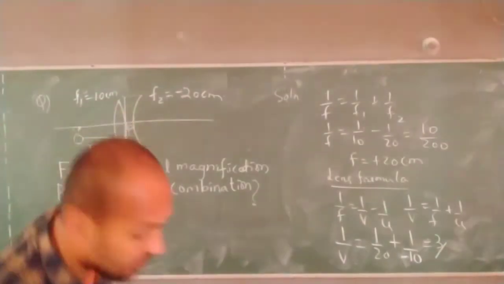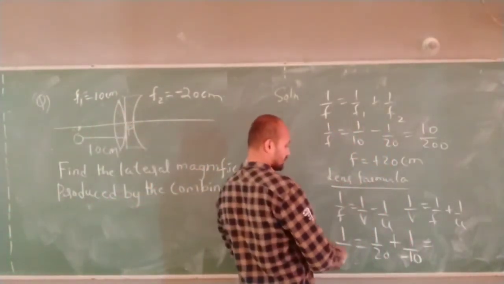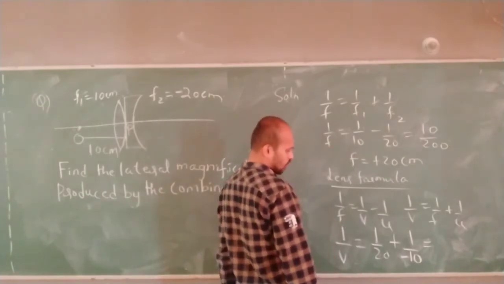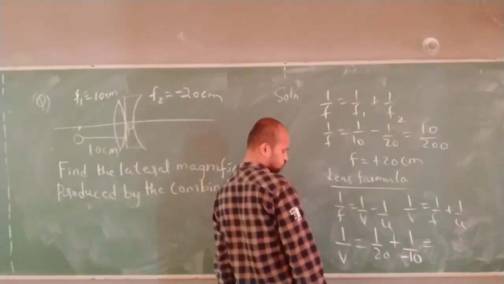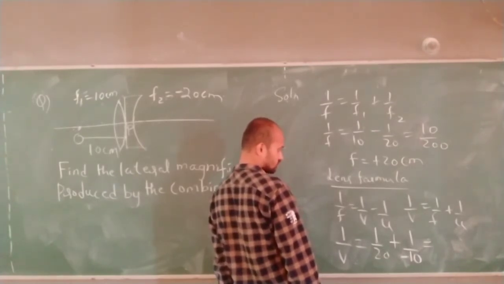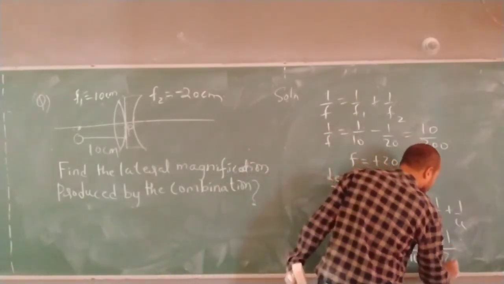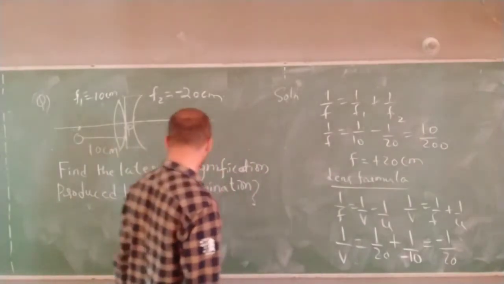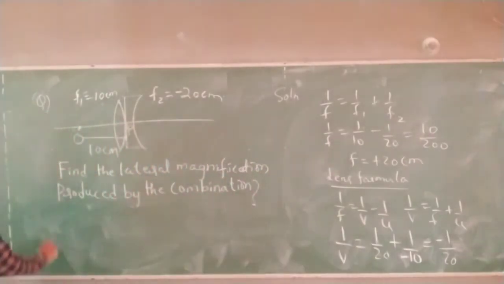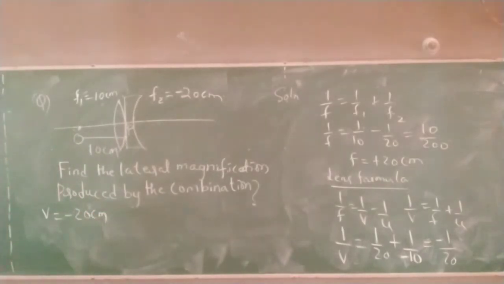That is what I was thinking. So this will become minus 1 by 20. So V is equal to minus 20 centimeters.